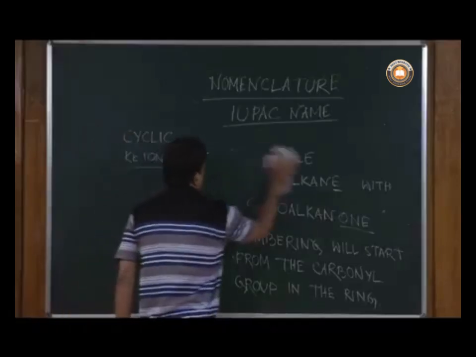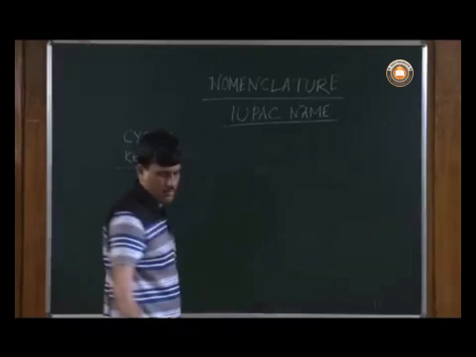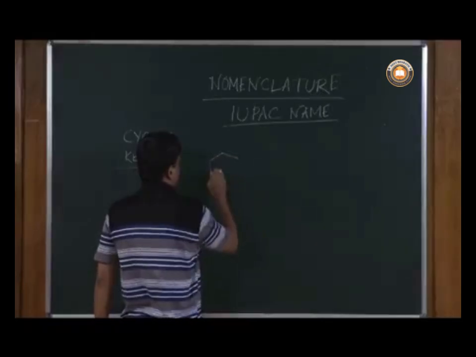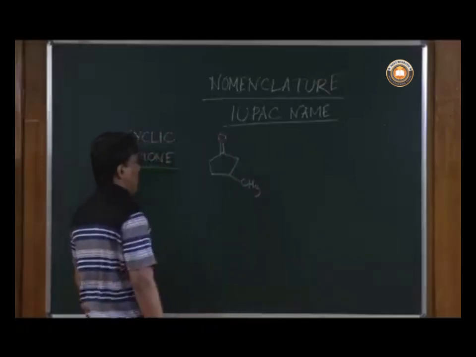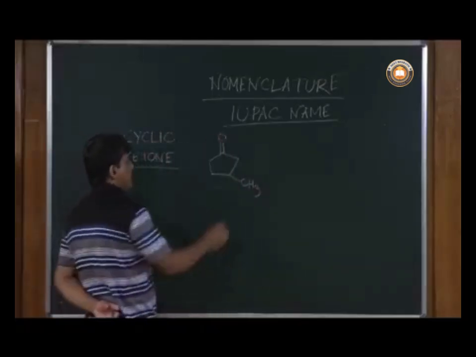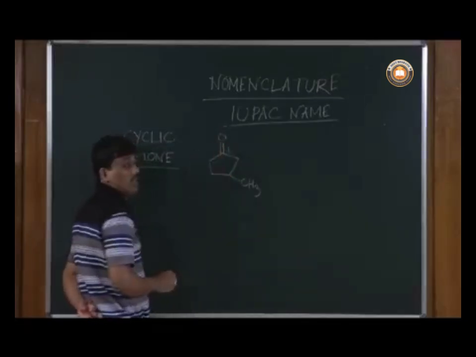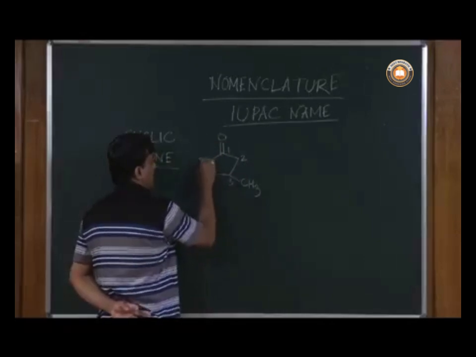Let us discuss some examples. So, this is the carbonyl compound, a cyclic carbonyl. Here it will get 1, and then 2, 3, 4, 5.